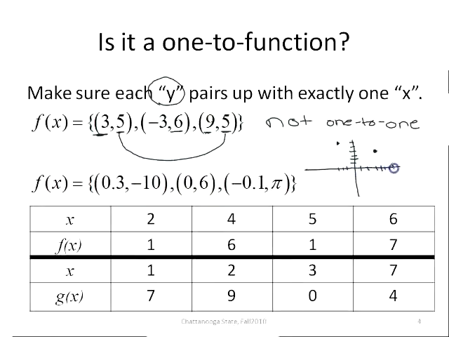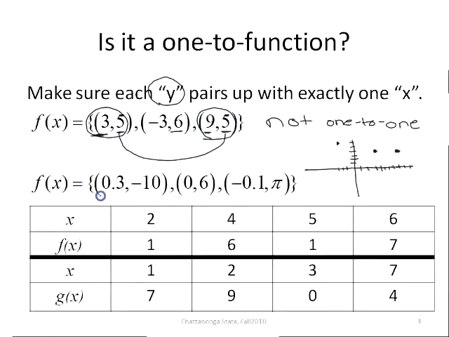And then the point (9, 5), 1, 2, 3, 4, 5, 6, 7, 8, 9, would go here. These points are the ones that kept this function from being one-to-one. And if you look on the graph, these points lie horizontal to each other. Okay, so keep that in mind when we go to our next slide.